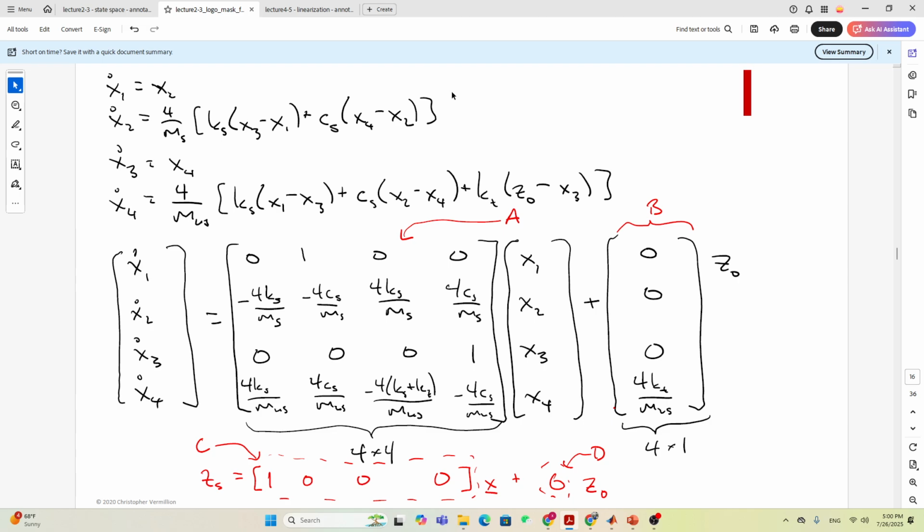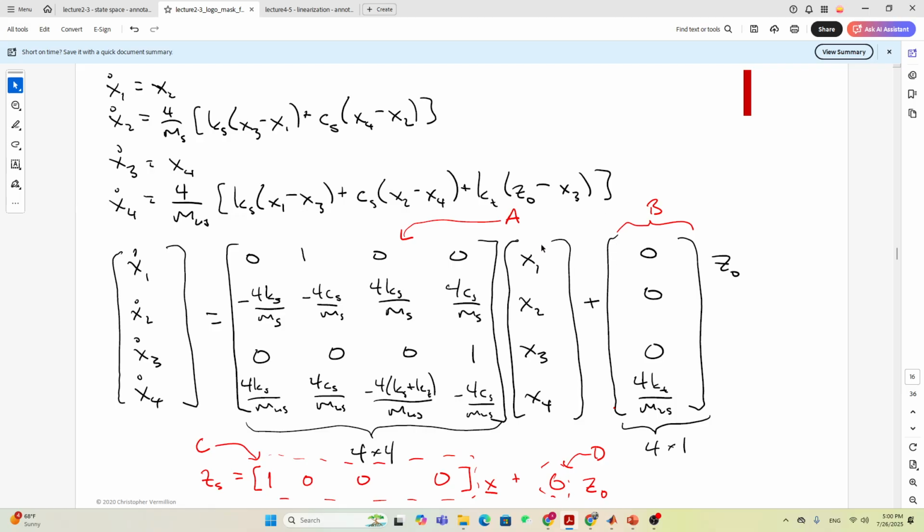And generally C times x is your output. So your output matrix also depends on your sensor measurements. Let's say right now we only measure the displacement of the quarter car model. Then we should only have 1, 0, 0, 0 times your x. x is your state vector. So x1, x2, x3, x4.